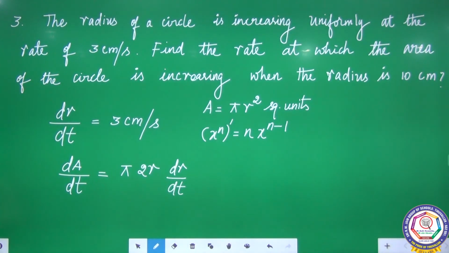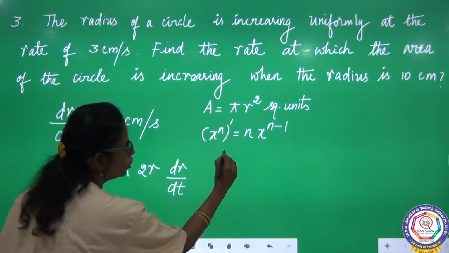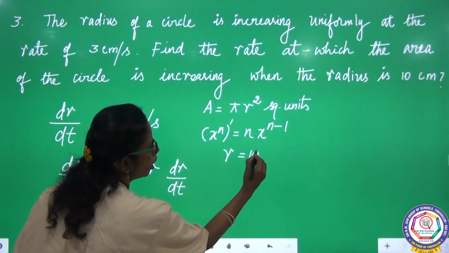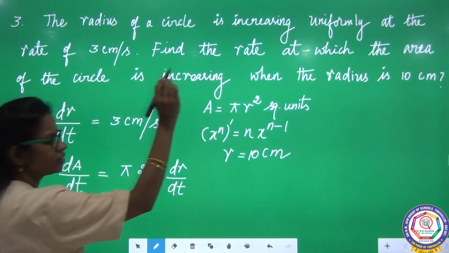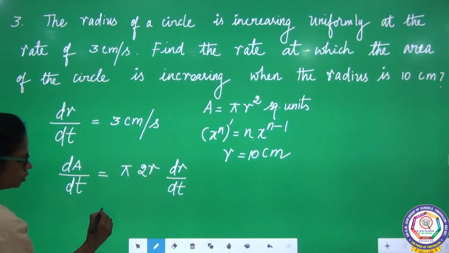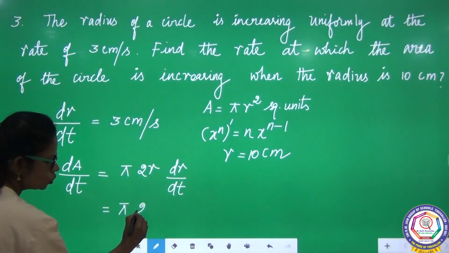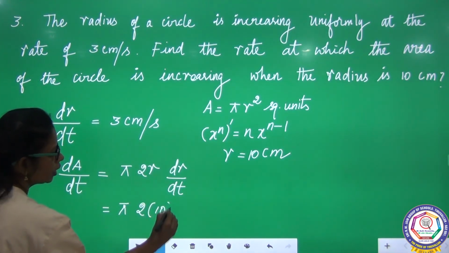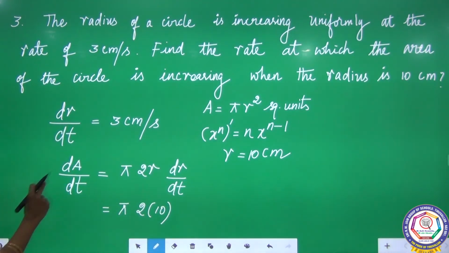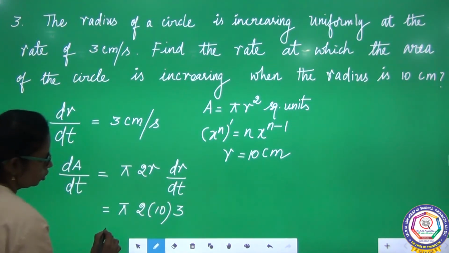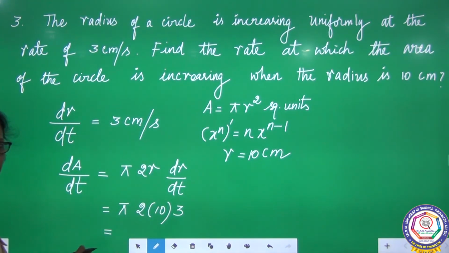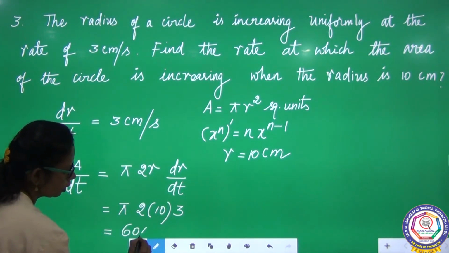dr by dt is given, r is also given. What is it? r equal to 10 centimeter. Now, this is equal to pi into 2 into 10 into dr by dt, which is 3. So 2 tens are 20, 20 into 3 is 60. So what will you get? 60 pi.